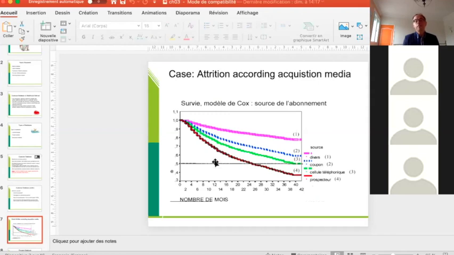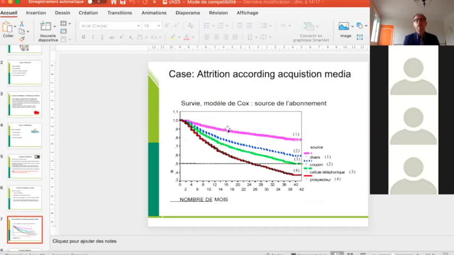You can see the highest attrition rate, or the lowest survival rate, is the red curve. Those customers were acquired by physical prospectors, people who came to the people and tried to convince them to take the journal. The second least effective medium is the telephone. Then you see the coupon, where customers send back a coupon to enroll in the journal.